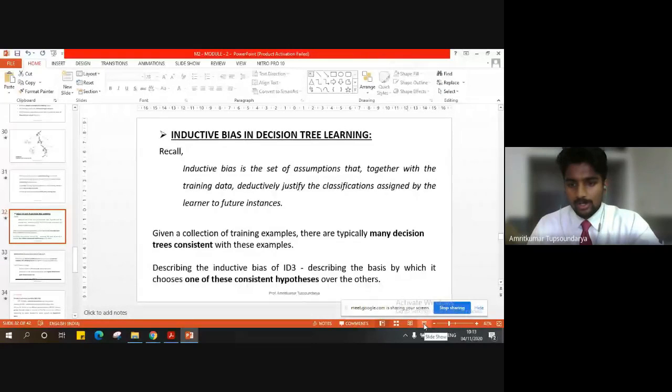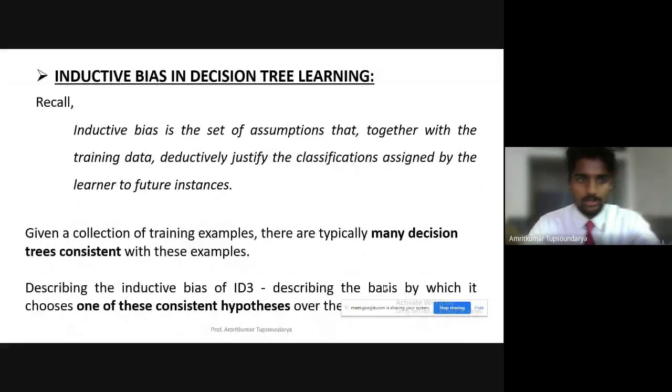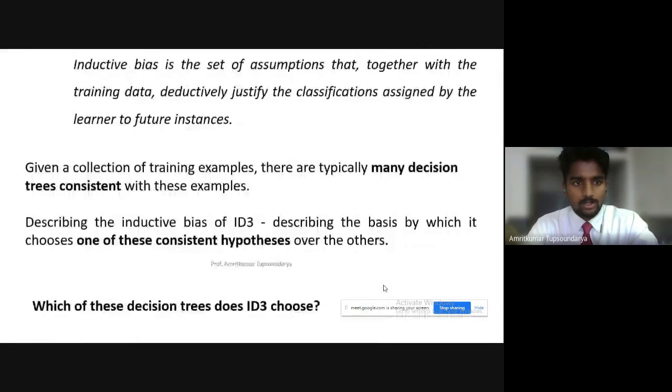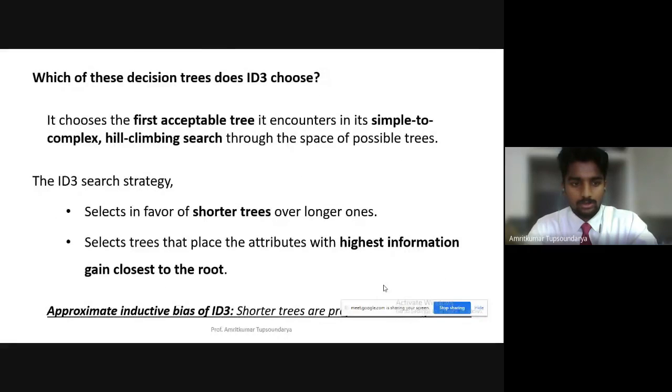So in the previous class, we discussed the project, right? And before that, we had a revision of module 2. So let's start off from where we left. We discussed earlier about inductive bias. We formed a simple definition of inductive bias, which was an approximate inductive bias for ID3.